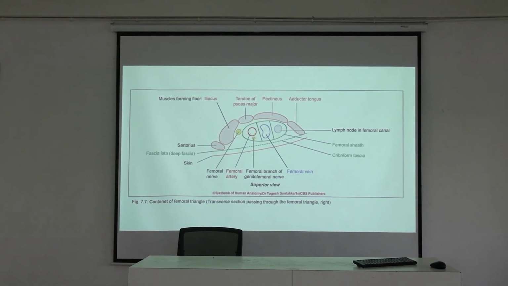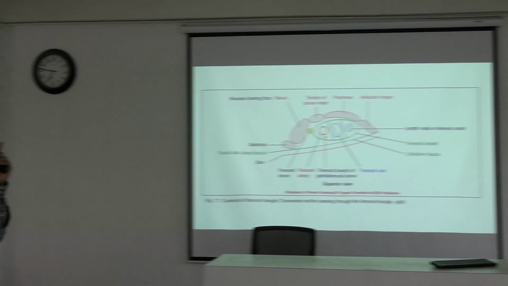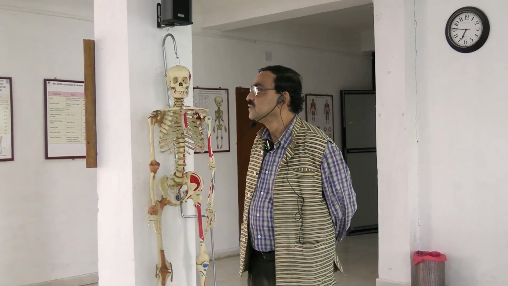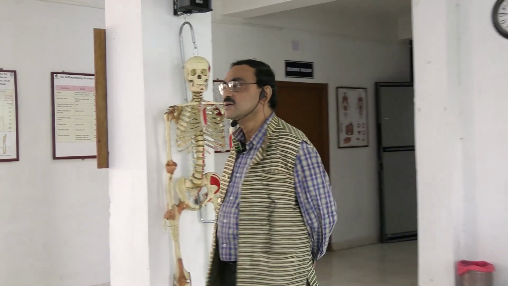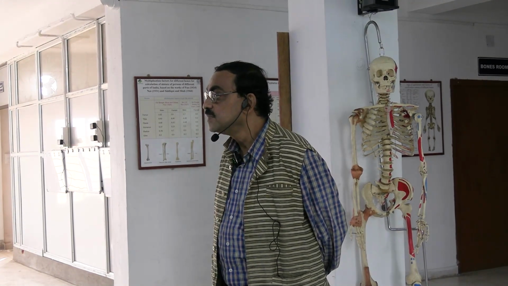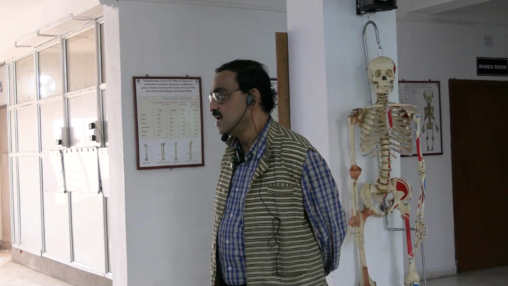So this is a very nice picture by which we can appreciate the arterial compartment resting over the psoas major muscle, whereas the venous compartment and the lymphatic compartment are resting over the pectineus muscle, and most medially is the adductor longus muscle.